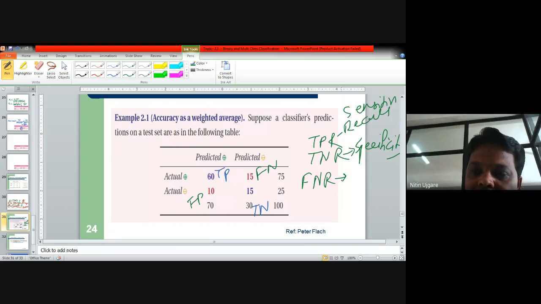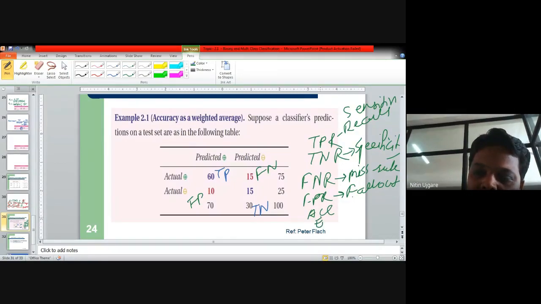We know that FNR is also referred to as miss rate. Then FPR, which is actually fallout. Then accuracy, and you're supposed to calculate the error rate. You're also supposed to calculate the F1 measure and precision.